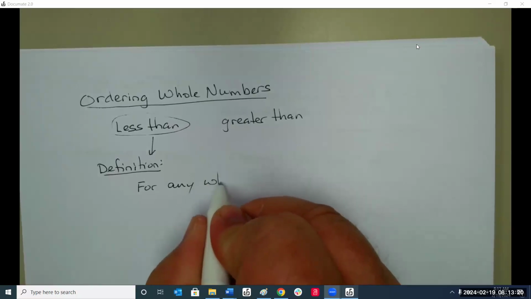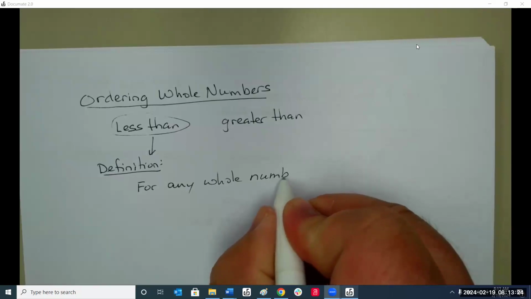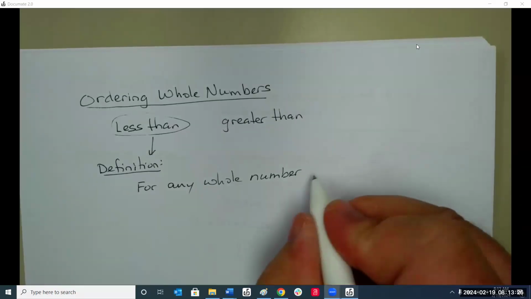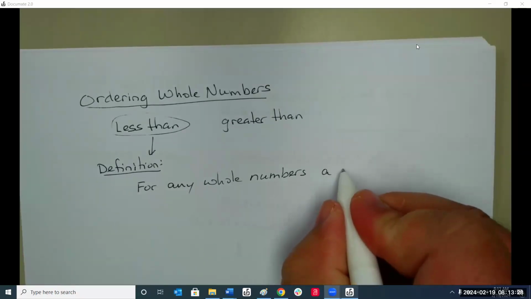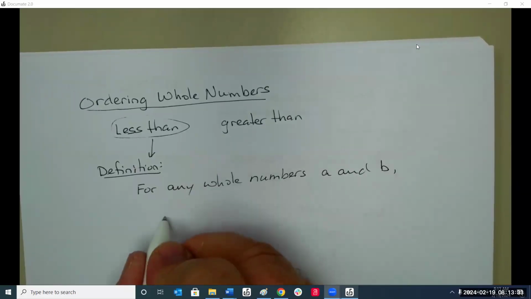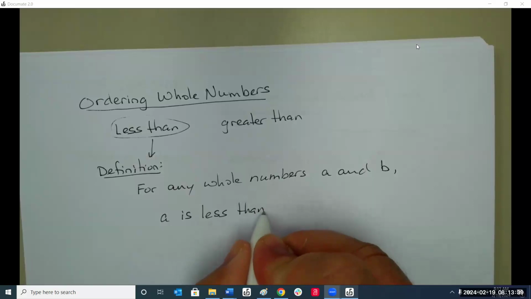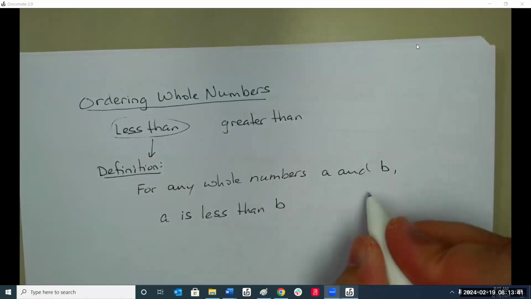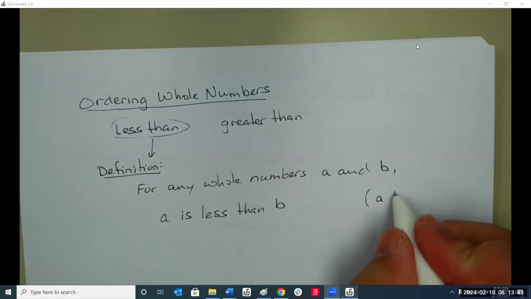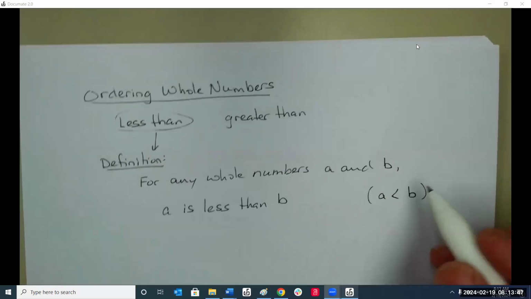For any whole numbers A and B, A is less than B, right? And again, this is where you would introduce the inequality symbol.